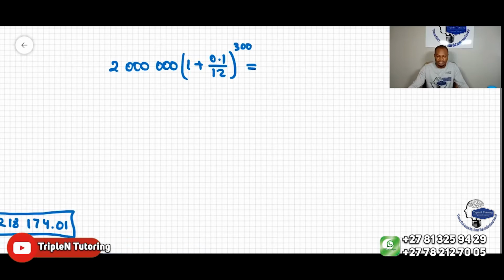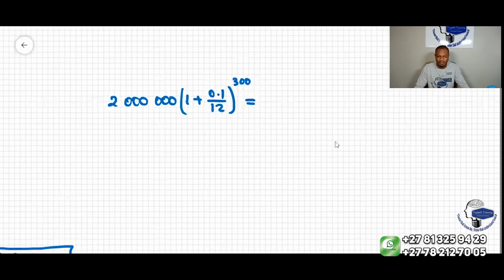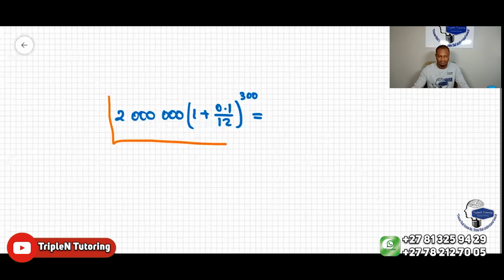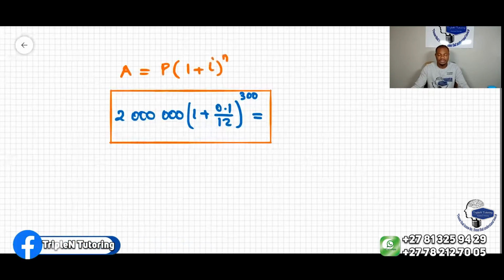And then this will be equal to, let me move it a little bit, because I used the formula that says all this is the amount. The amount is given by P open bracket 1 plus interest all to the power of n, and interest, you know, is the rate over n, and n here we multiply by 12.